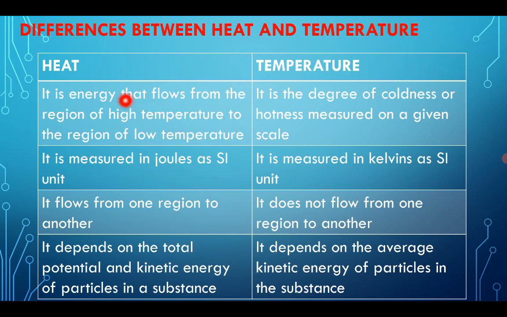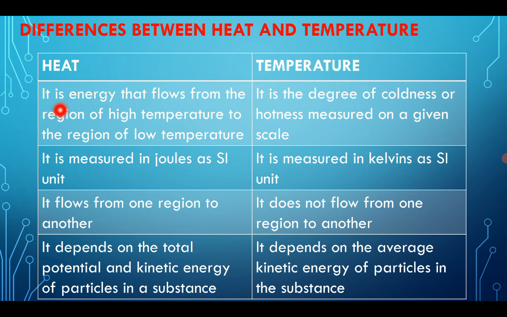So for heat to exist, there must be two regions which are at different temperatures. One region is at a higher temperature than the other. In other words, there must be a temperature gradient for this energy called heat to flow.